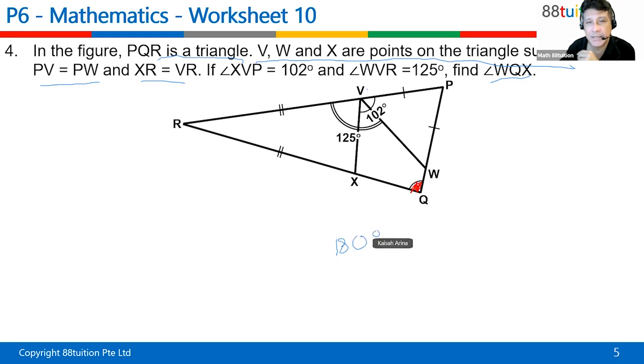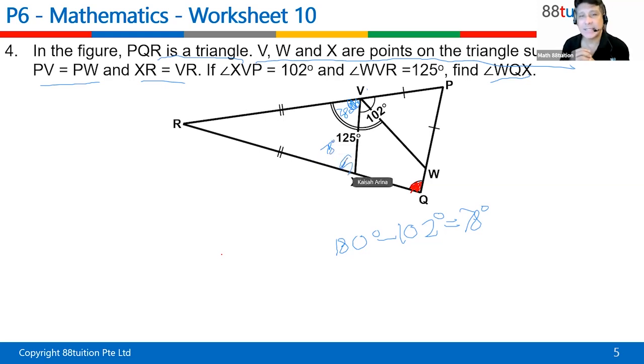Kaiser has started doing 180 degrees minus 102. So you look at where 102 is. 102 is actually for two angles, and it is on a straight line. So you get 78 for the other side. That's correct.